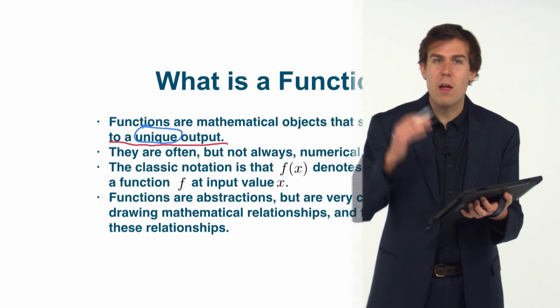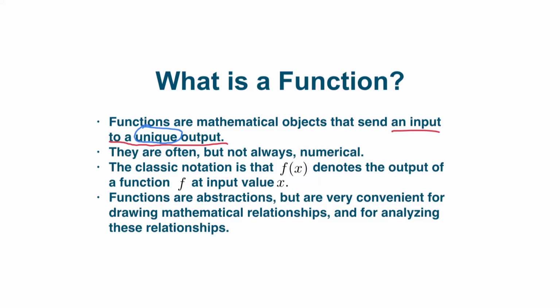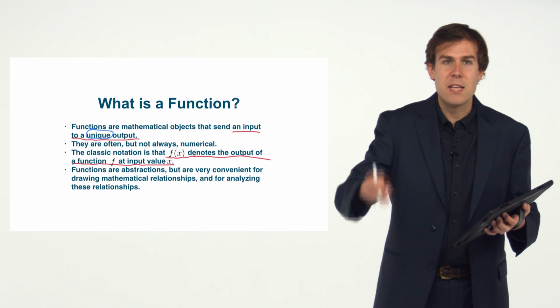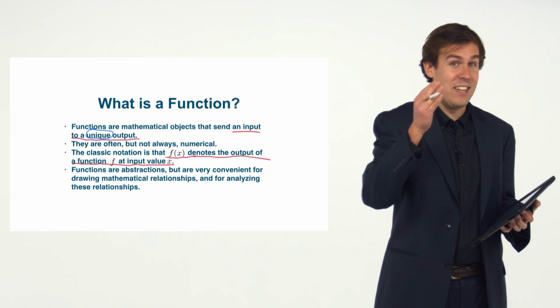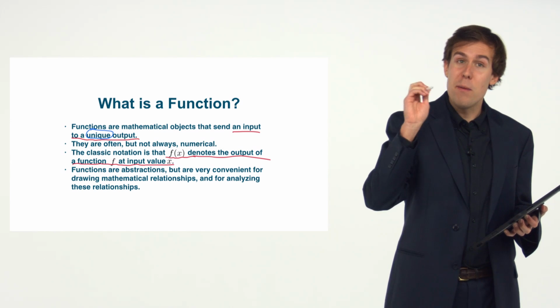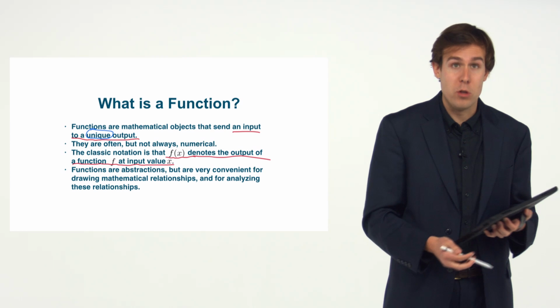So what's the notation? Well, I've already been using it a little bit implicitly. The classical notation is that f of x denotes the output of a function f at input value x. So the letter f is a way of saying, this is the rule. This is how to take the input and get the output. And the variable x is a way of denoting what the input looks like.